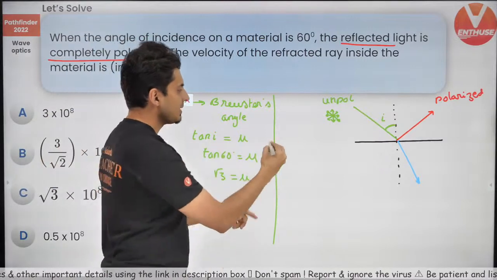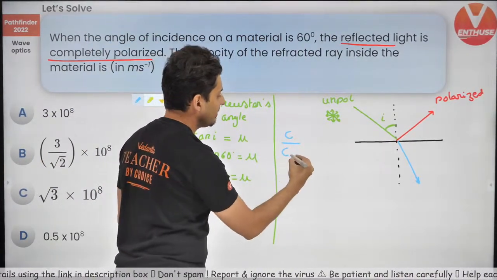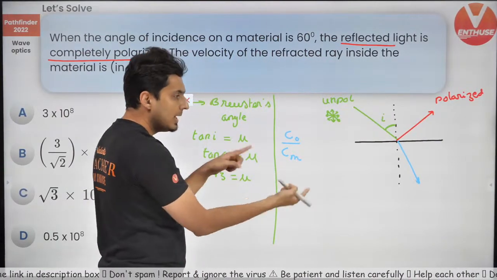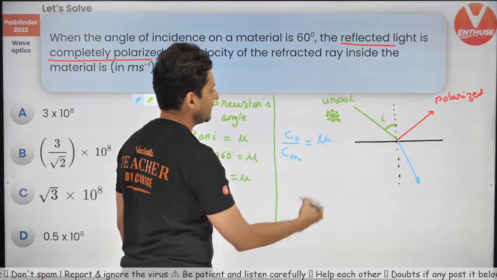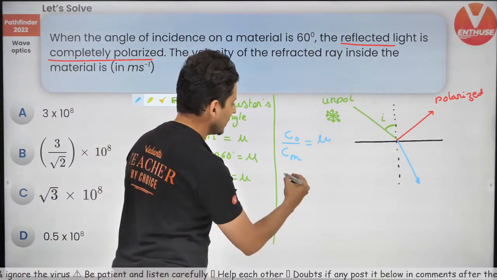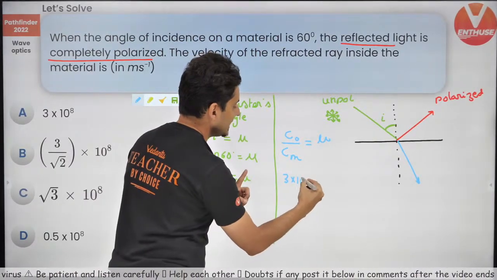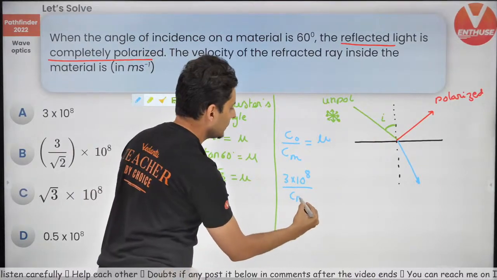What is Snell's law? The speed of light in the first medium, let's say c, upon the speed of light in the actual medium, which is water, liquid, whatever, is nothing but the refractive index. So what is c naught? Speed of light in vacuum, which is 3 into 10 to the power 8. Speed of light in that liquid, I do not know.